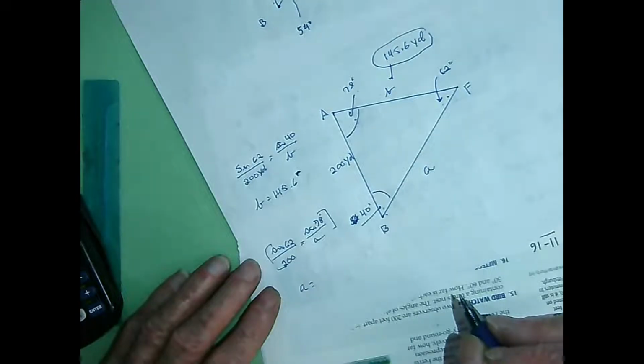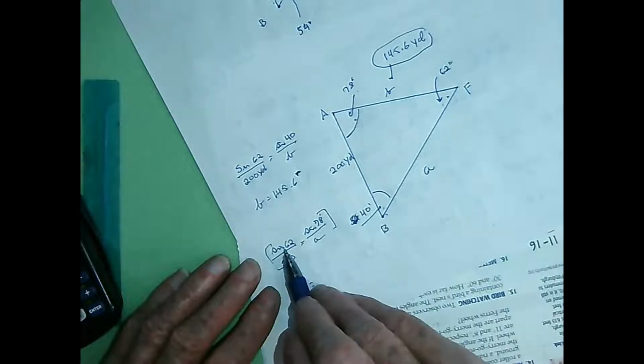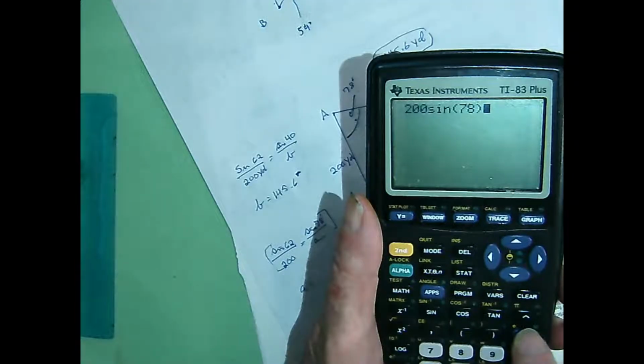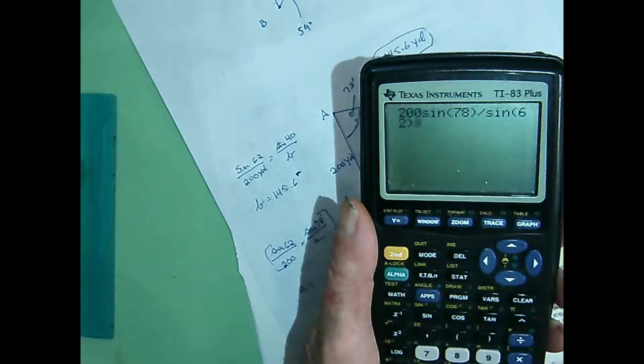And I have to multiply those two, won't I? And divide by the sine of 62. Let me do that right quick. 200 sine 78 divided by the sine of 62 gives me 221.6, I think best said.